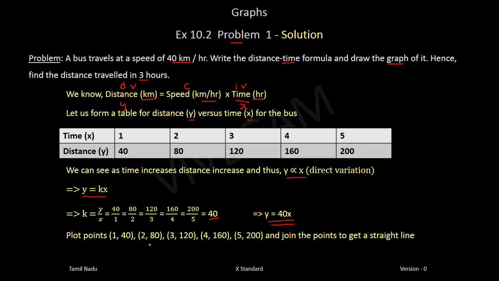These are the points which we need to plot. This is the graph, this is the table, and these are the points. This will be a straight line because y equals 40x is a straight line. Once you have the straight line, then we can find out the distance traveled in 3 hours or 3.5 hours or 4.5 hours, whichever value you want, from the graph.